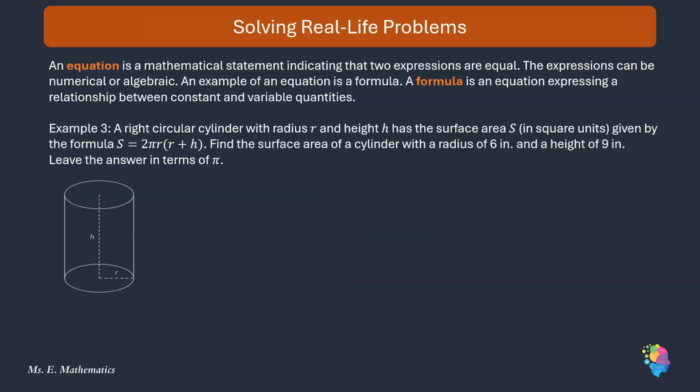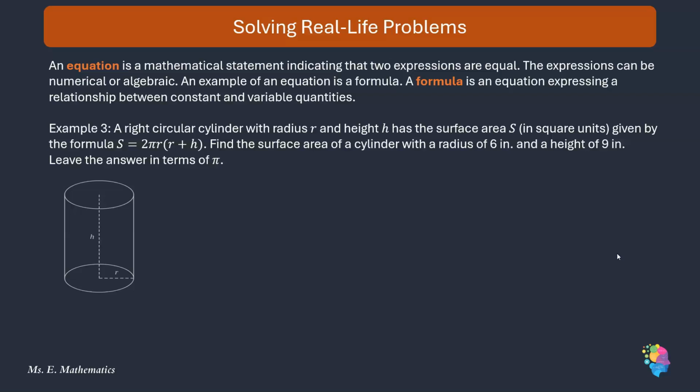We are now going to try solving real-life problems. But let's start with a few definitions. So, an equation is a mathematical statement indicating that two expressions are equal. The expressions can be either numerical or algebraic.